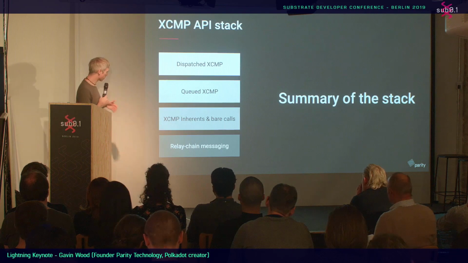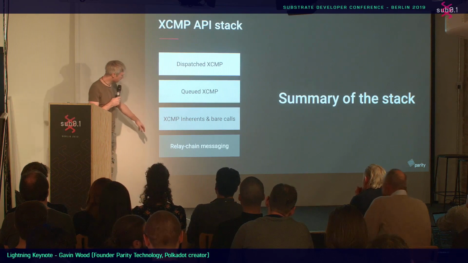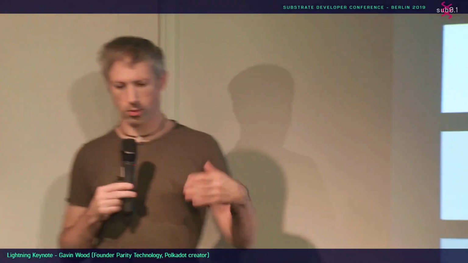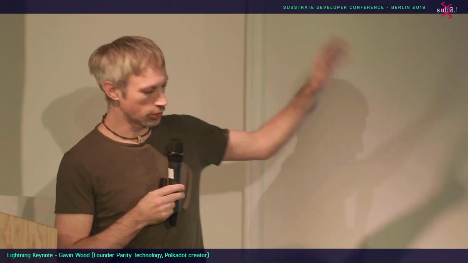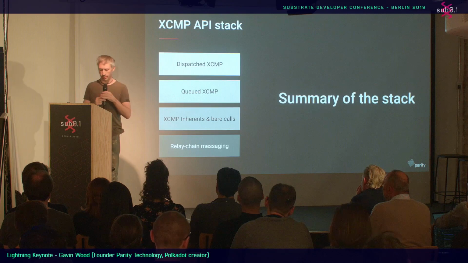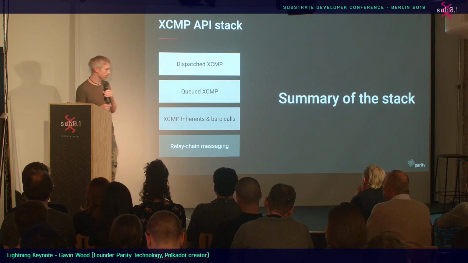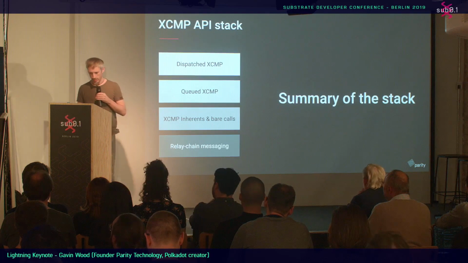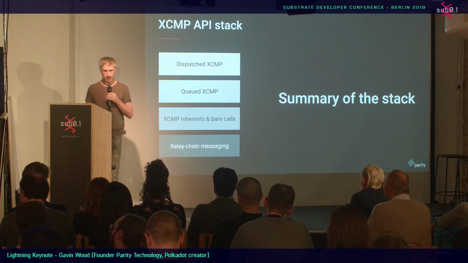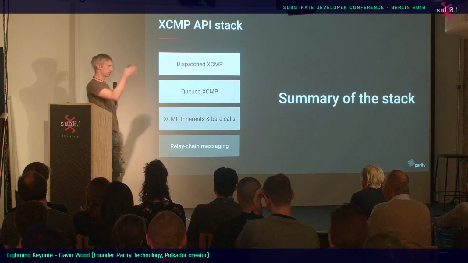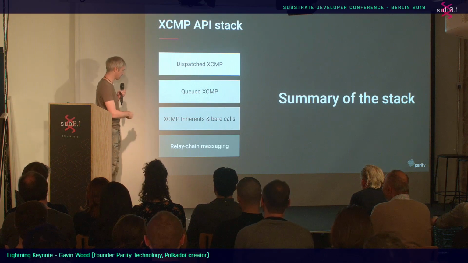And there's already an API in place to do that. There's also a means of getting information from the relay chain down into the parachain. It's basically just done with inherent data. If you're familiar with that, you probably have heard of it if you've been here for the full conference. And it's checked by the relay chain validators, or the parachain validators that also happen to be the relay chain validators.